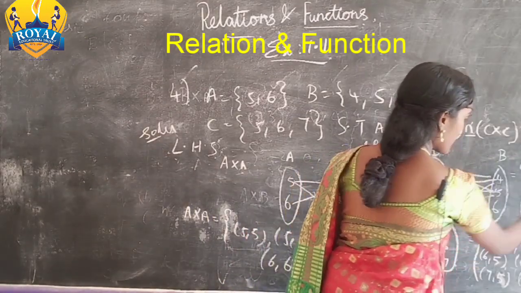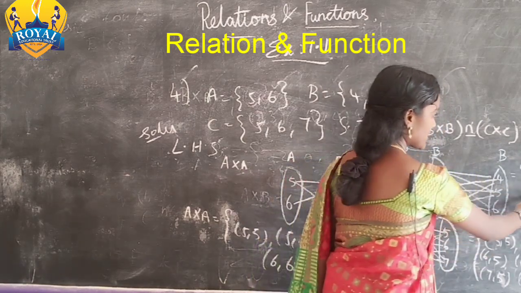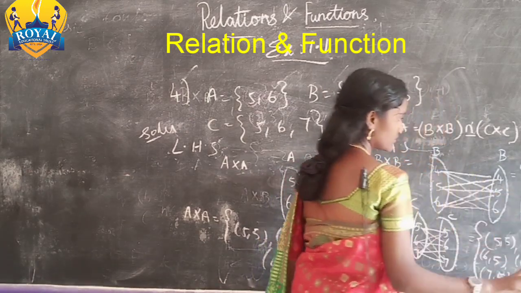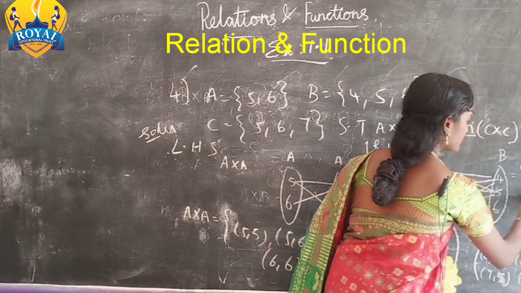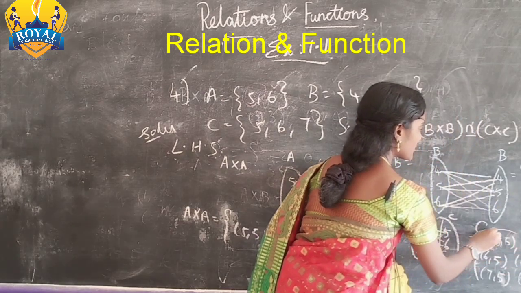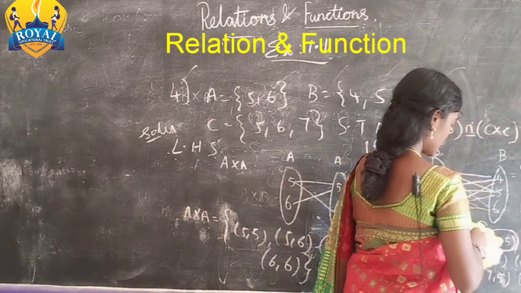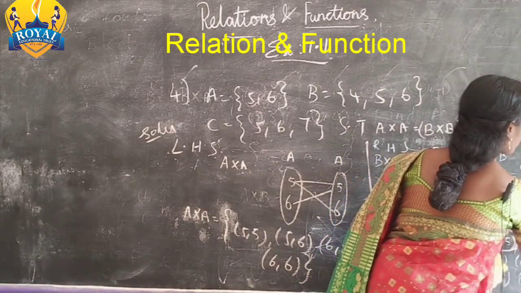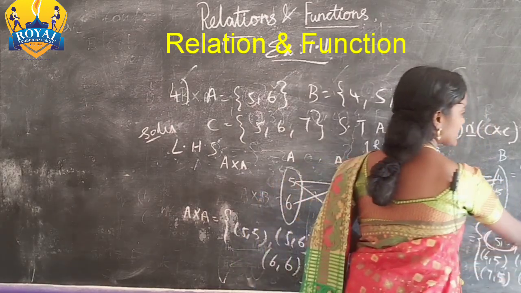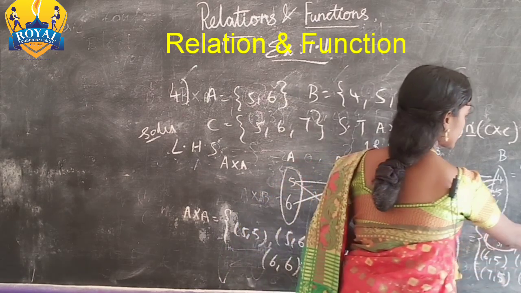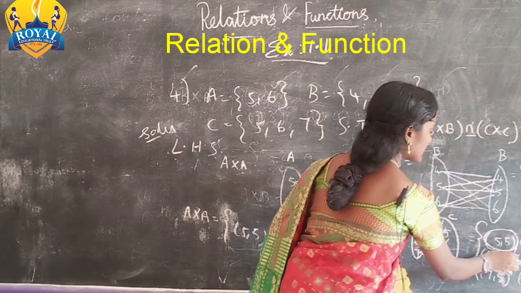Which one is common? 4 comma 4 is there? No. 4 comma 5? No. 4 comma 6? No. 5 comma 4? No. But 5 comma 5, here it's common. Then 5 comma 6, here also 5 comma 6. 5 comma 7 is not here. 6 comma 5, 6 comma 5.